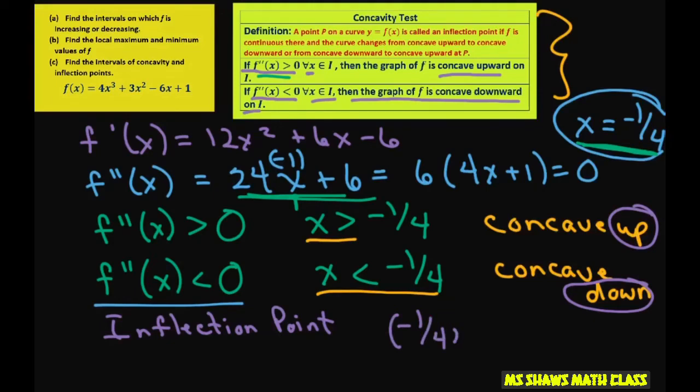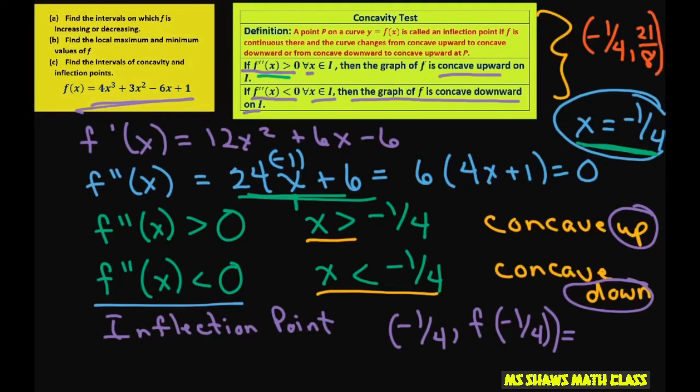And then you just plug your negative 1/4 into your original equation, and that gives you the exact value. I already did this one. So your inflection point is negative 1/4, comma, what did I get? 21 divided by 8. Yes, 21 divided by 8. You can always just plug this in and use your calculator if you want. And that's it.